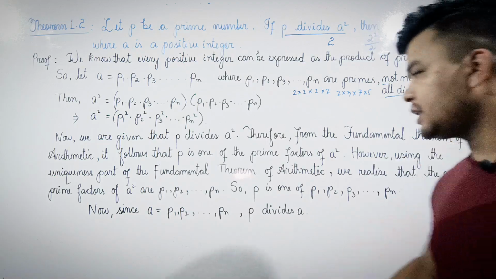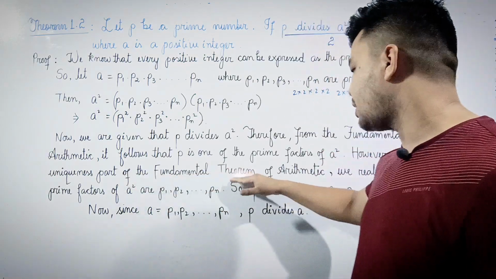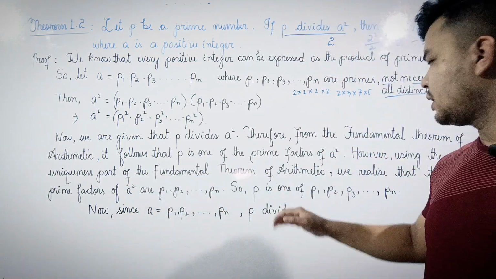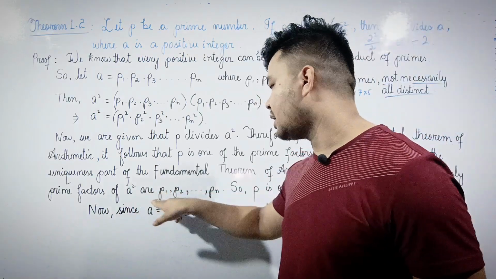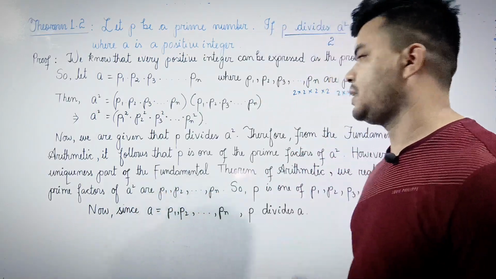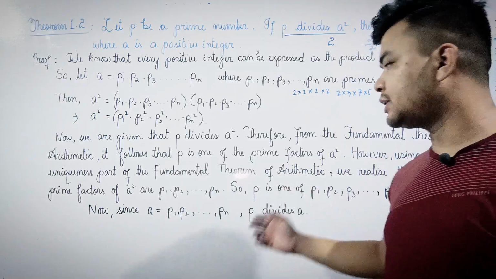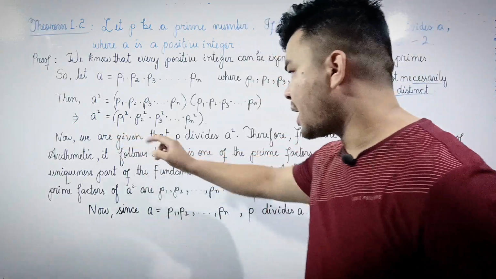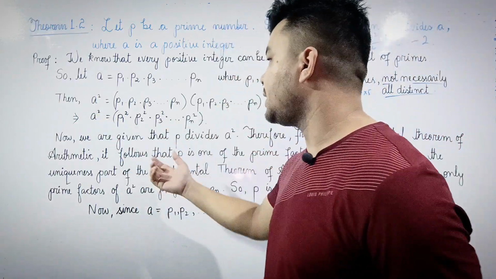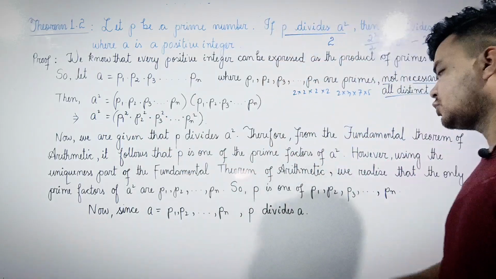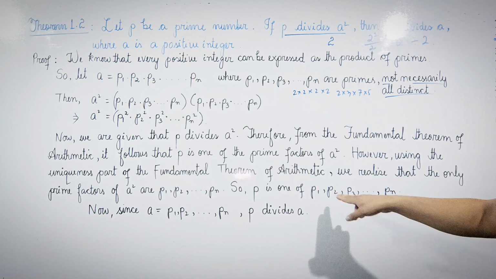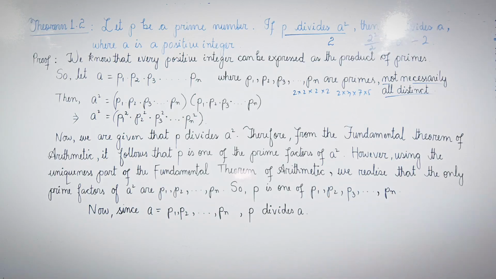However, using the uniqueness part of the fundamental theorem of arithmetic, we realize that the only prime factors of A square are P1, P2, ... Pn. So P is one of P1, P2, P3, ... Pn.